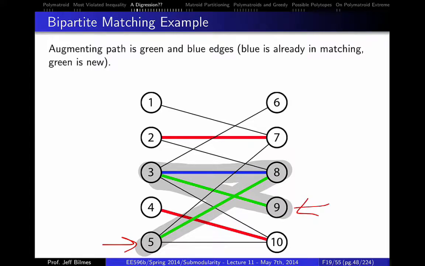It's an augmenting path. It's also an alternating path. An alternating path wouldn't have to end in an unmatched vertex. Can anyone suggest an alternating path that's not an augmenting path? So here's one.